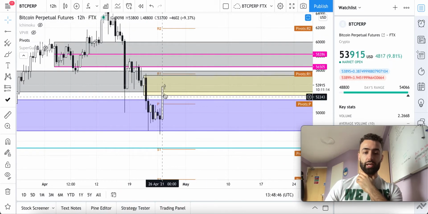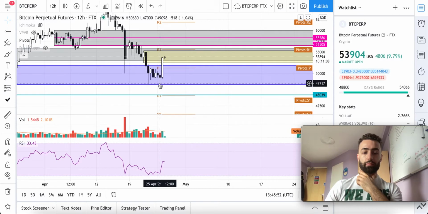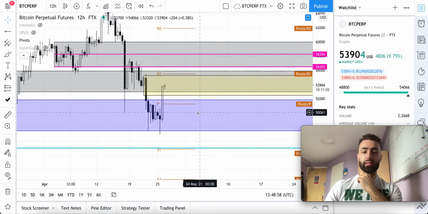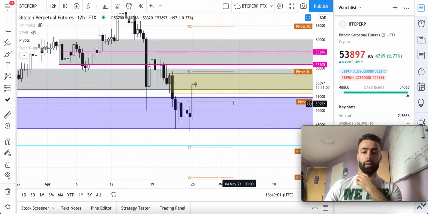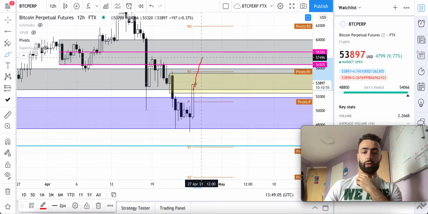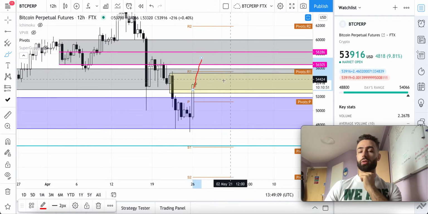You can see the first candle into this was a very bullish candle with increasing bull volume right here. We did not get above average bull volume yet, but that's what we might see in the next 10 hours here. If we push right through this zone and we close two 12-hour candles above this yellow zone, this will be a very strong support zone.